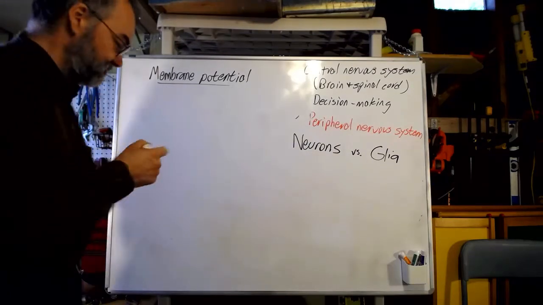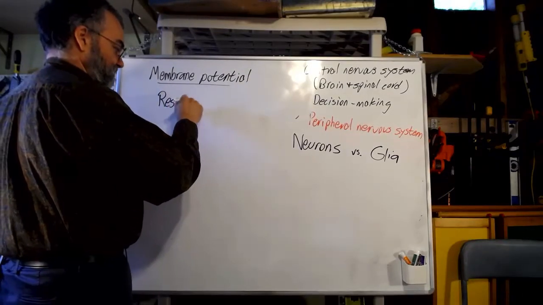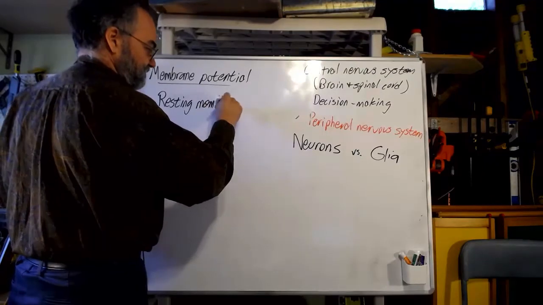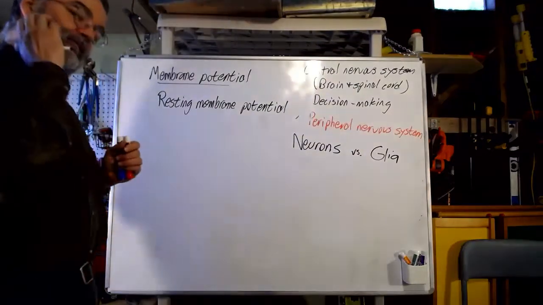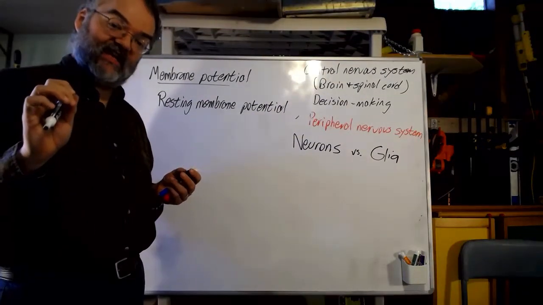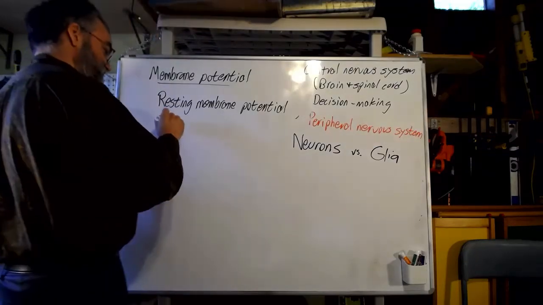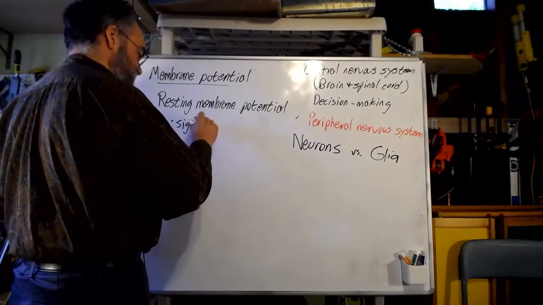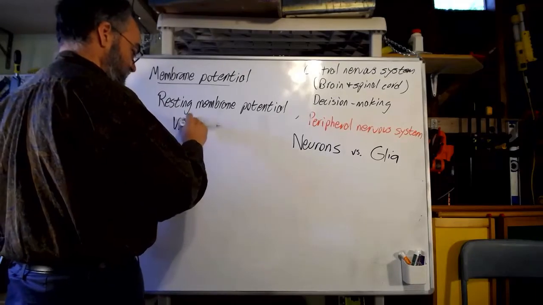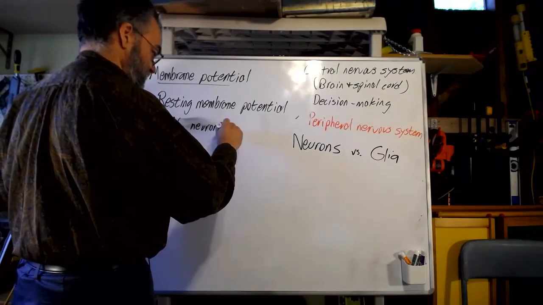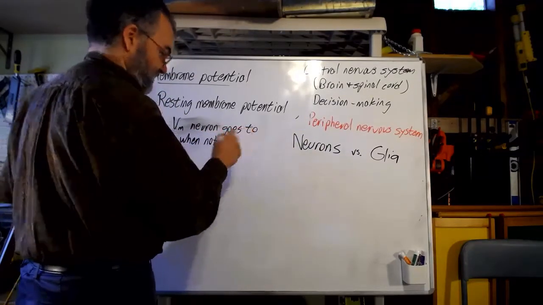First of all, we're going to talk about the idea of resting membrane potential. That is the membrane potential the neuron goes to when not doing anything else.